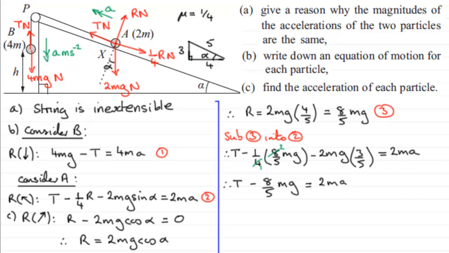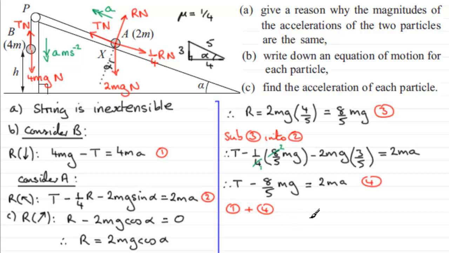Now if I call this equation 4, I can see that if we combine this equation with equation 1 by adding 1 with 4, minus T and T are going to cancel out. It's going to give us 0. So we'll do equation 1 plus equation 4. What does that give us? Well, we've got 4mg here minus 8/5 mg. Well, 4mg in fifths is 20/5 minus 8/5, that's going to be 12/5.